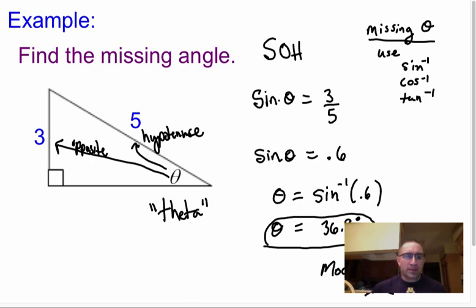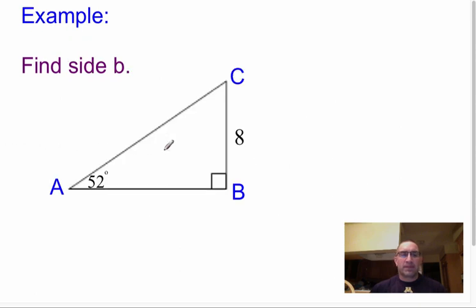Alright, moving on. Next example says find side B. In our triangles, the capital letters are angles, and the side across from that angle is the lowercase letter. So B in this case is the hypotenuse.